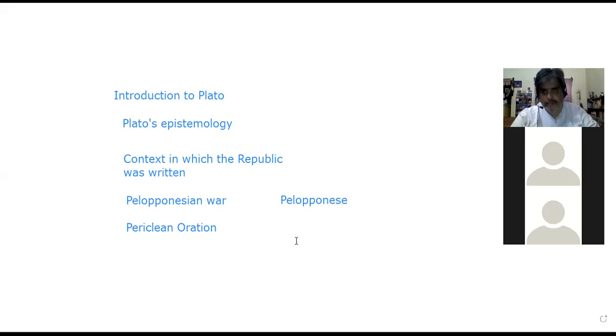The wars of the Mahabharata, we say they were fought in the Kurukshetra. Similarly, there was this Peloponnese, where the war was fought between Athens and Sparta.